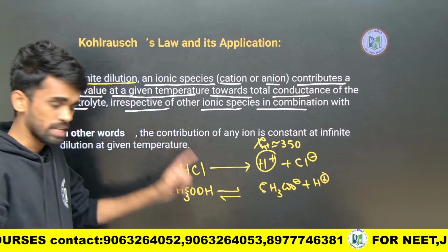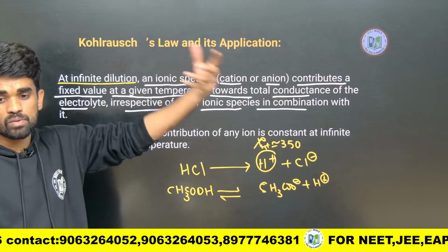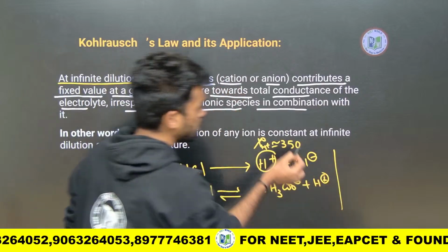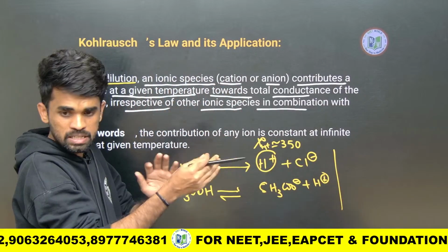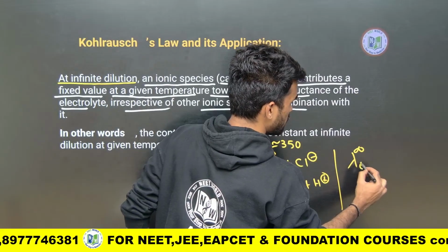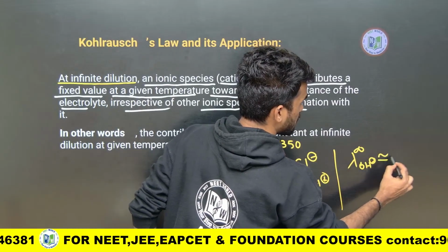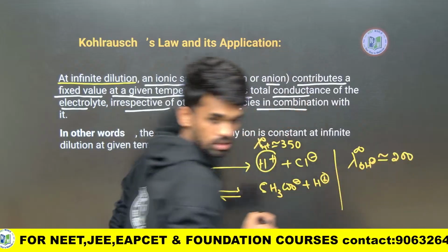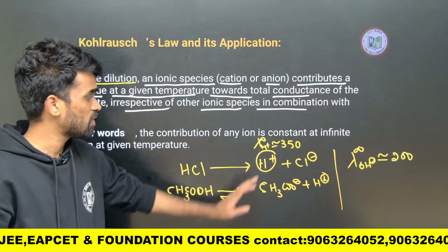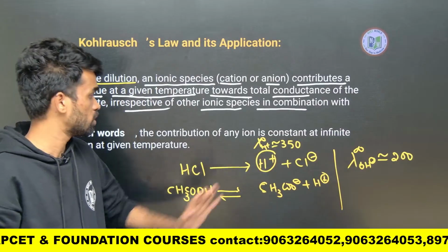Similarly for the OH minus ion also. The value is not always 350; it varies from ion to ion. For example, the limiting molar conductivity of the OH minus ion we will take as around 200. These are experimentally found values, and they will mention the values, so no need to worry about that.